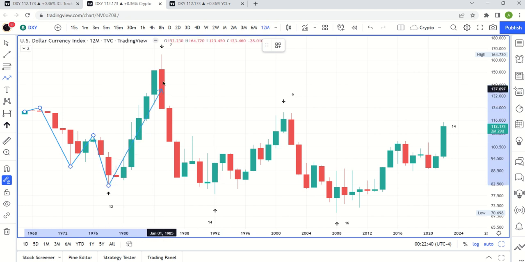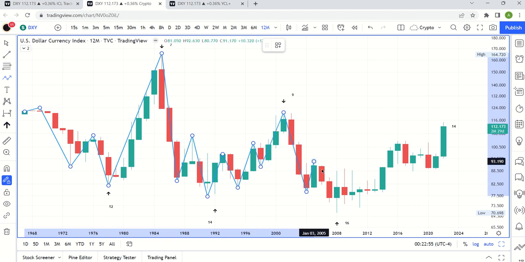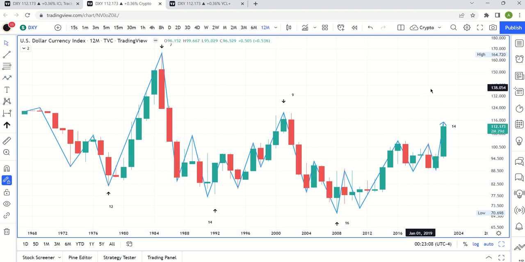Then we went all the way up here, then we came down, then up, then down, again and again. So far here. We'll see where it stops.